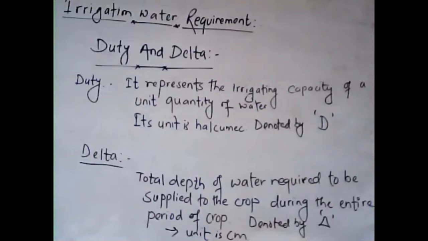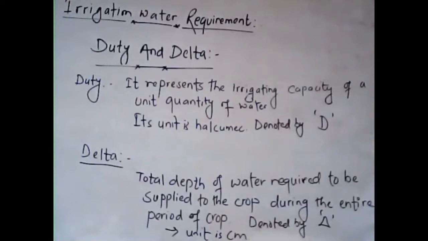So how much area is covered by a unit quantity of water, that is, 1 cubic meter of water can irrigate how much land? This is what is dealt with in the duty, and the unit of duty is hectare per cumec, and it is generally denoted by capital D.